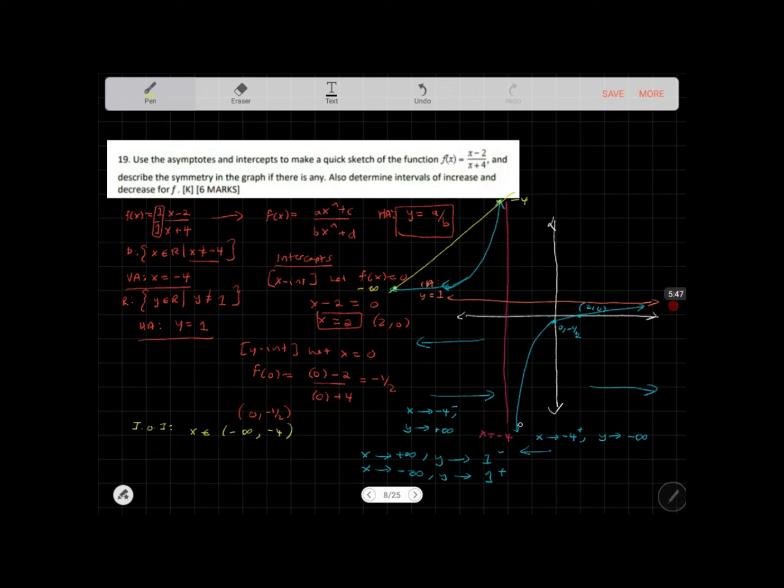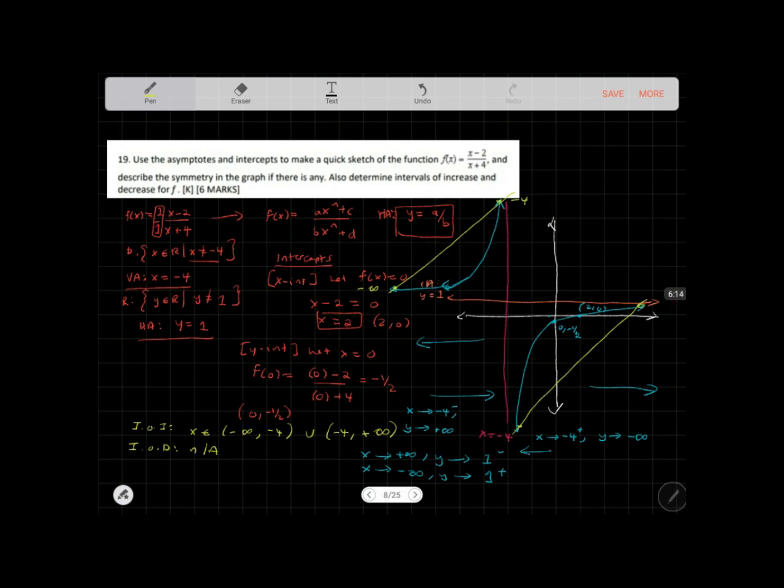We also have an interval of increase from this end to this end. If you draw a secant, this one is more of a progressive increase. The rate of change diminishes over time. So union negative 4 to positive infinity. Both of these intervals are intervals of increase. There are no intervals of decrease here, so not applicable.